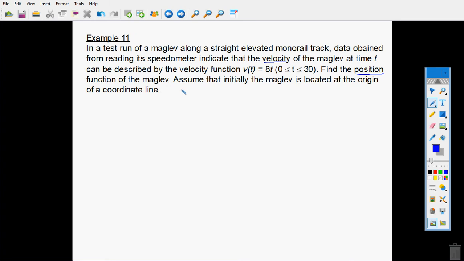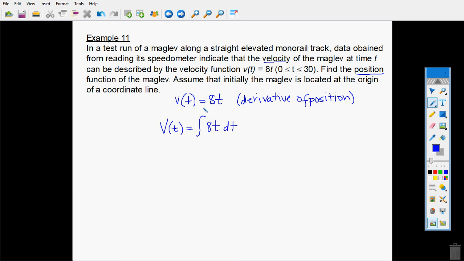So if what we have is v of t, this is the derivative of my position function, then what I need is big V of t to find my position function, which is going to be the integral of 8t with respect to t. This is telling us to do something. So big V of t is the integral of this.